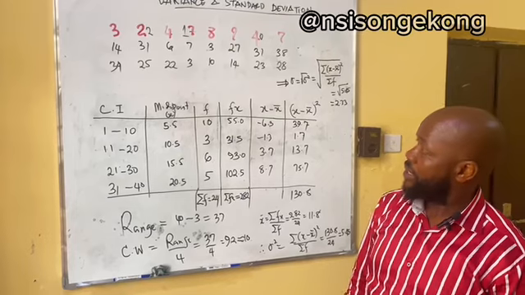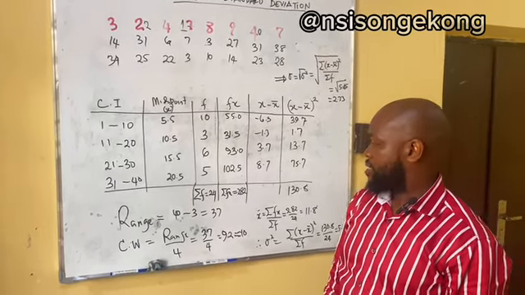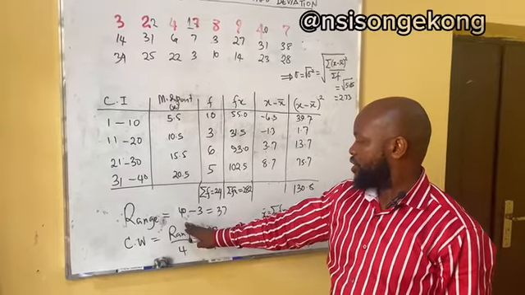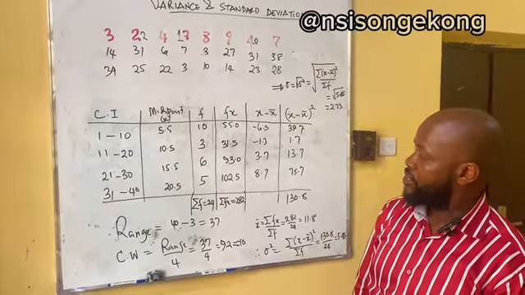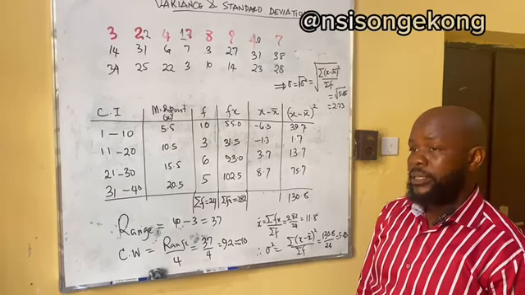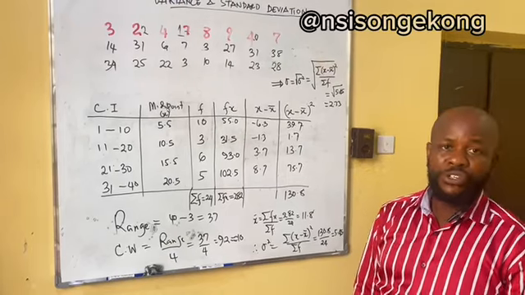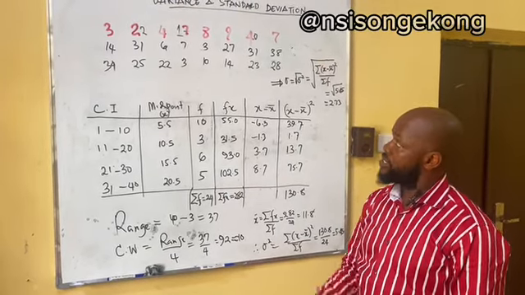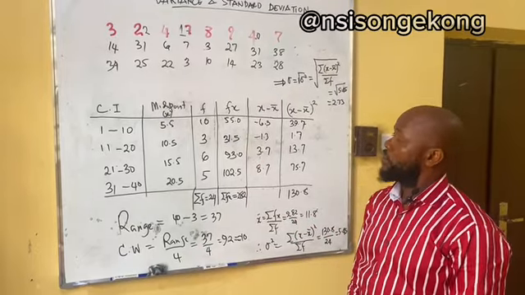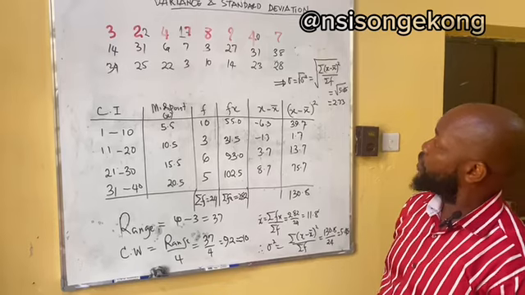Now the size of each of the classes, otherwise called the class width, is simply the range divided by the number of classes we wish to partition our data set into. And the number of classes is at the discretion of the person solving the problem. For me, I choose to partition this data set into 4 classes because I've seen that the highest value is 40.